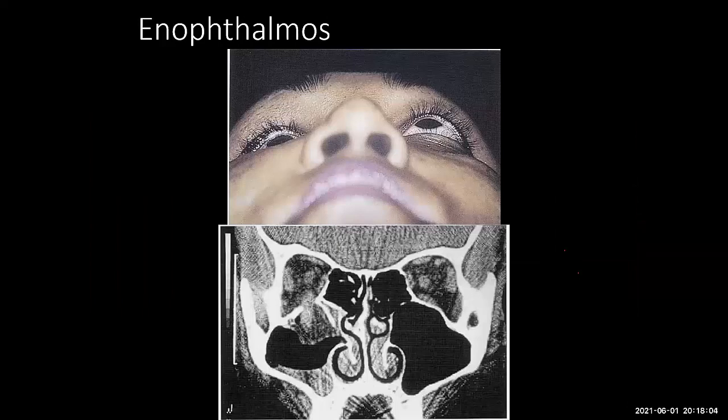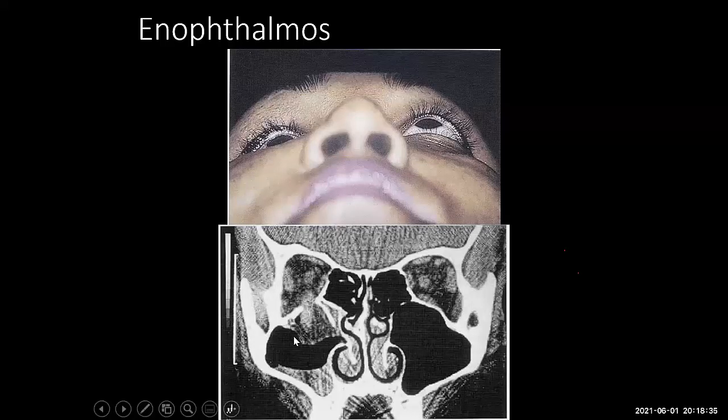And in this case, you see an obvious enophthalmos of the right eye. And then see a CT scan here, this cross section shows a large defect at the floor of the orbit, and protruding of the ocular contents, including the muscle, into the maxillary sinus.